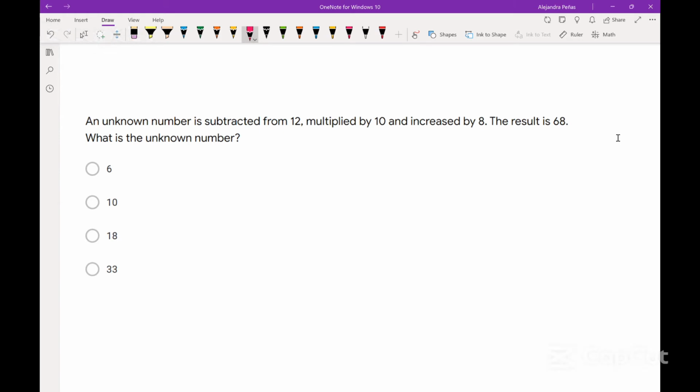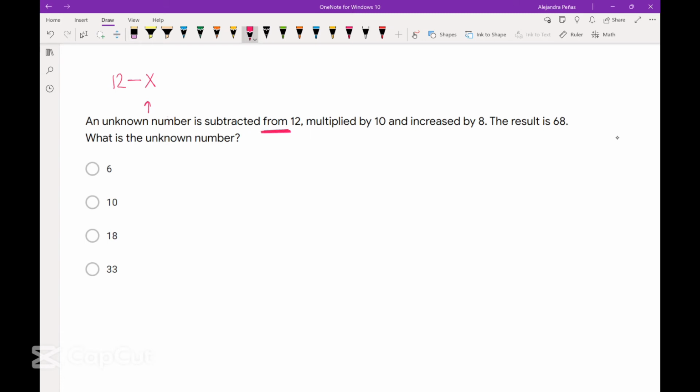Okay. So an unknown number, let's call that one X, is subtracted from 12. So it's not X subtracted by 12, it's subtracted from 12. So that means that you have 12 and you're taking X from it. So you're not going to have X minus 12, you're going to have 12 minus X. Okay, there's a large difference.